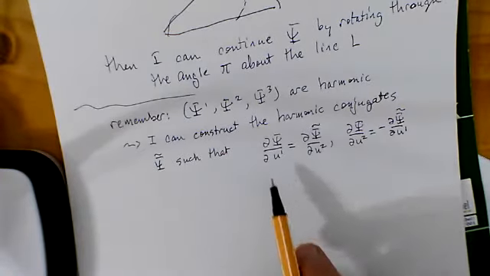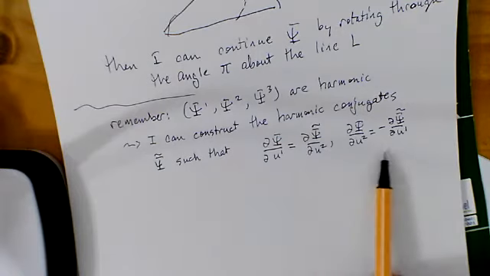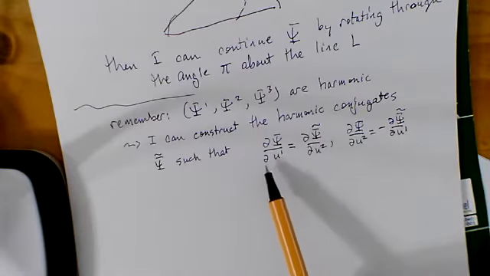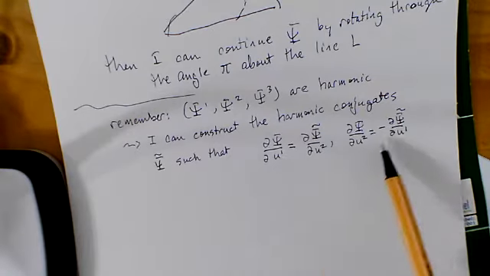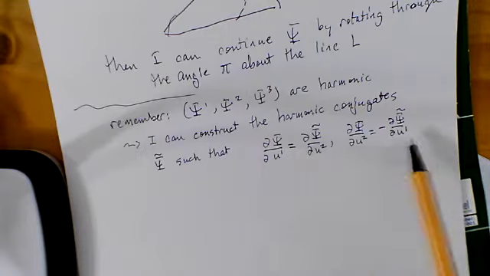And the harmonic conjugates are exactly the functions satisfying the Cauchy-Riemann equations. So here are my nice Cauchy-Riemann equations. Right. And on a simply connected domain, the harmonicity of psi is exactly the condition saying that I can locally at least solve these PDEs.